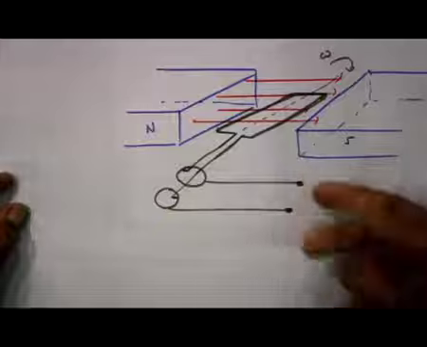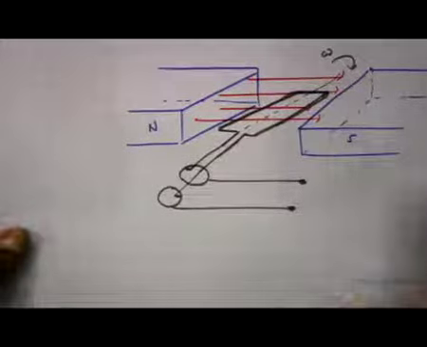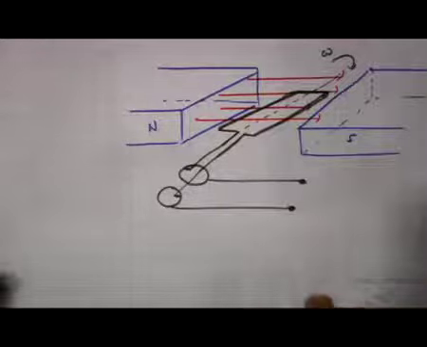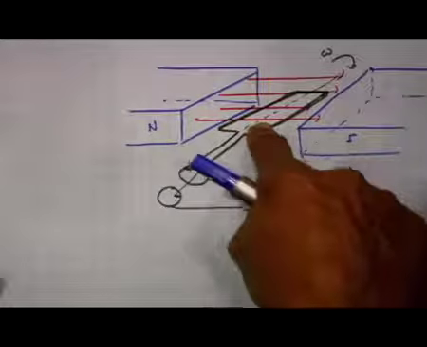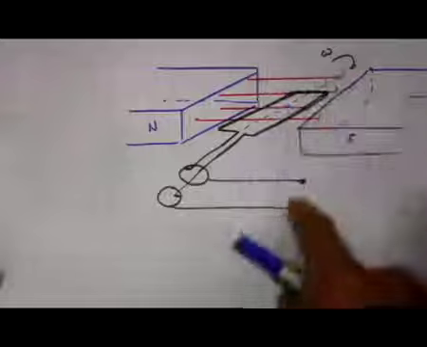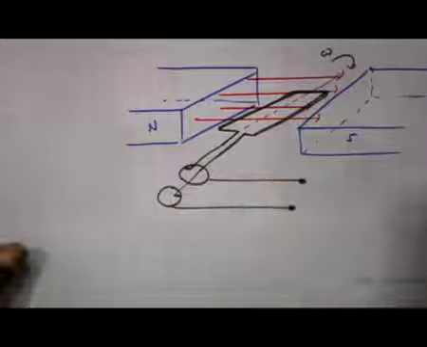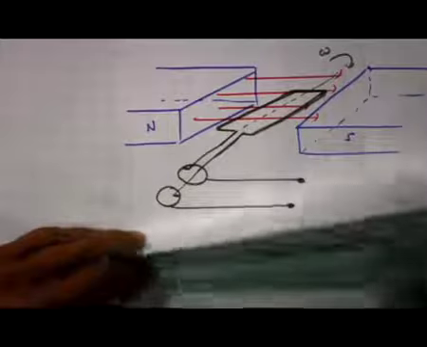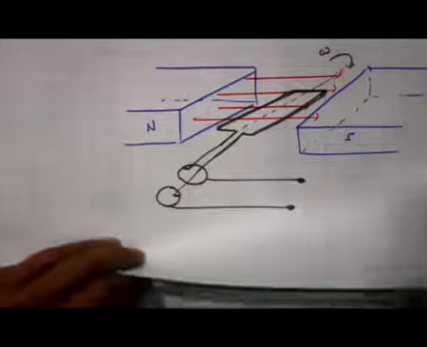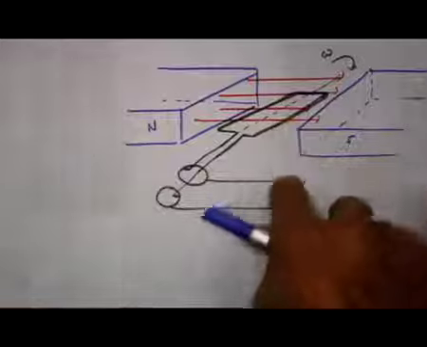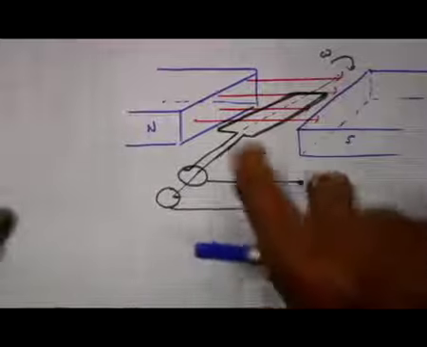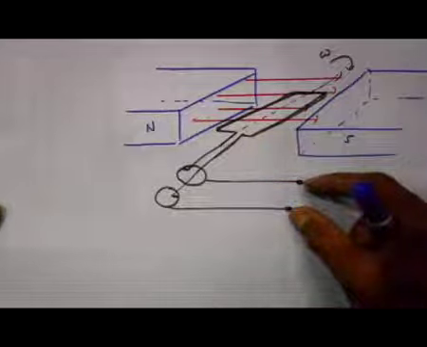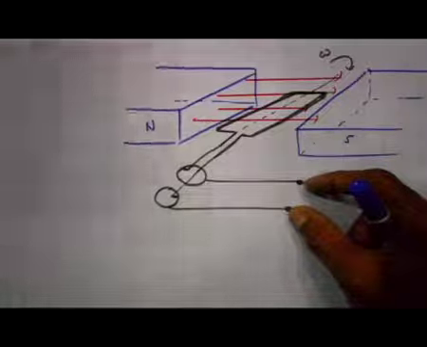If I use mechanical energy to rotate this, I am converting mechanical energy to electrical energy through this generation process. The rotation of this coil has to be done by an external agency. If I rotate this as a function of time, I will generate a potential difference here as a function of time, and that will generate a current for me.